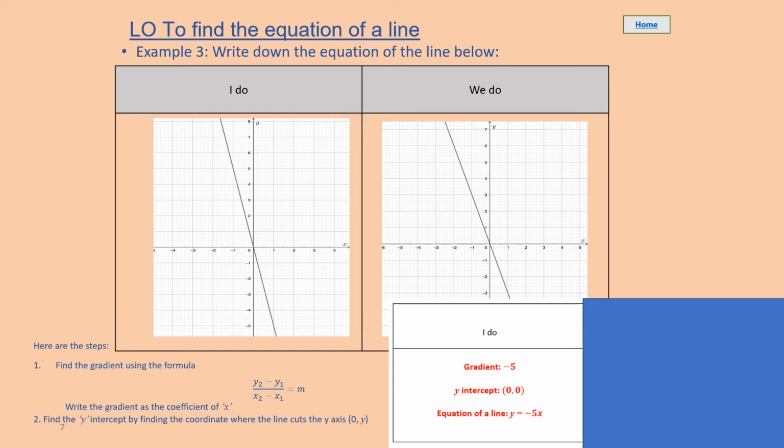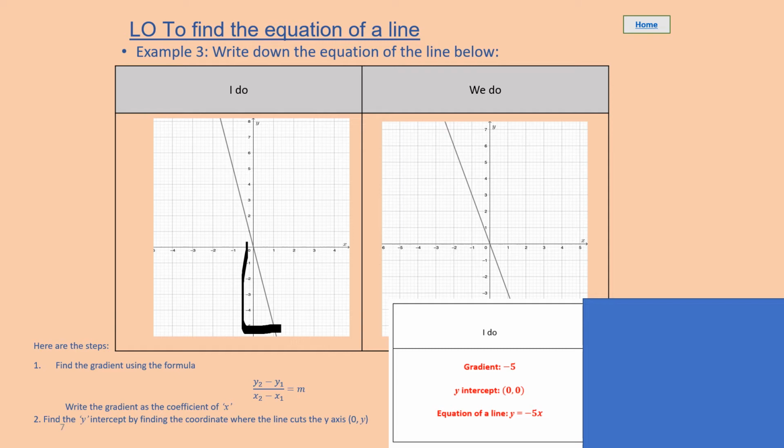This is a negative correlation. You can see it's going down. So therefore the gradient is going to be negative. Okay, so let's have a look at trying to draw this one in. So I'm going to use that triangle there.